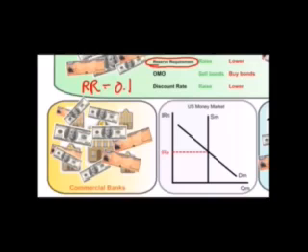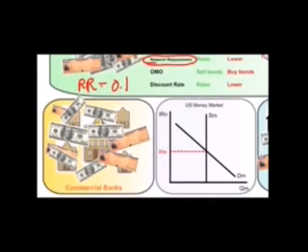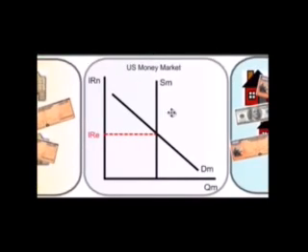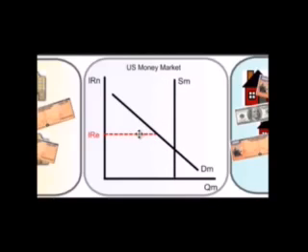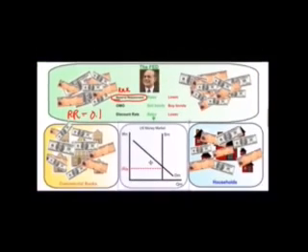Decreasing the reserve requirement means that commercial banks can lend out a greater proportion of their total reserves, which leads to an increase in the supply of money and a decrease in the equilibrium interest rate. So this would be considered an expansionary monetary policy.